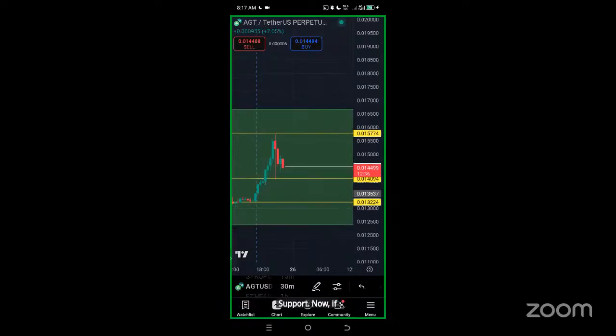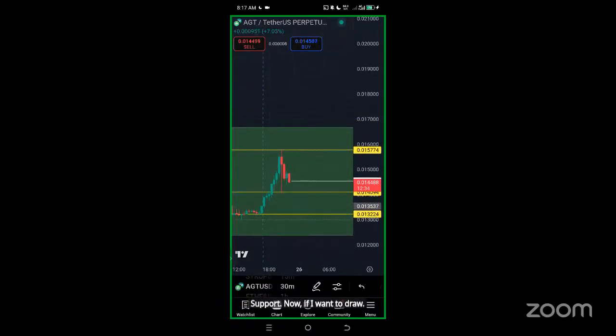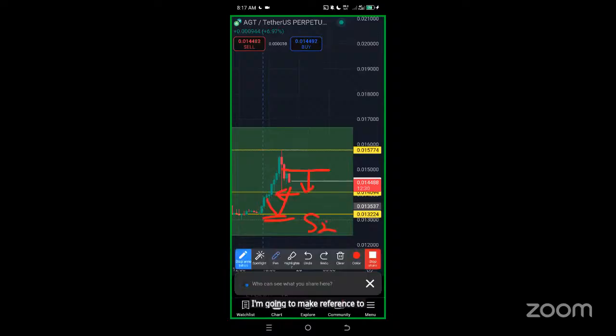Now, if I want to draw my second resistance, I'm going to make reference to this very first resistance, this one here. So I'll look up, track back. The first encounter I will have will become my resistance 2.